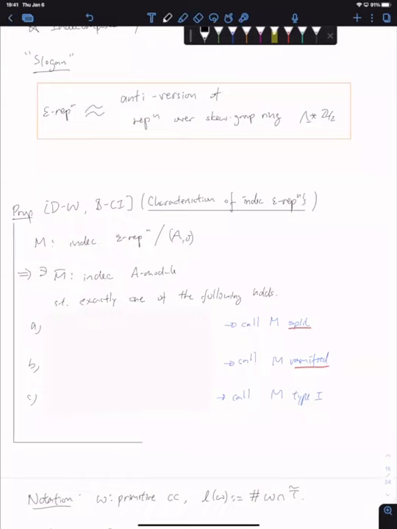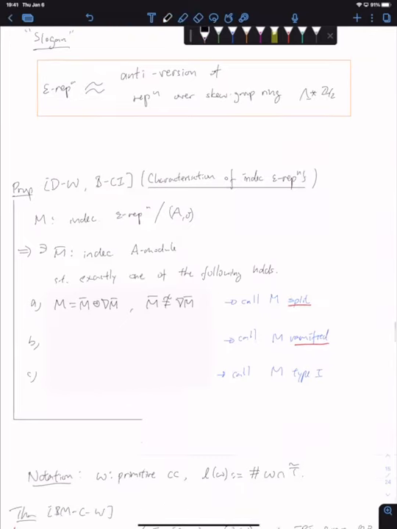The first case is what you would expect: M is just M plus its partner. In this case, M and its partner are not isomorphic as A-modules, and we call the epsilon representation split. They were called type S in this literature.